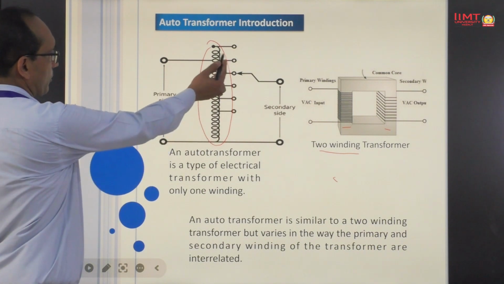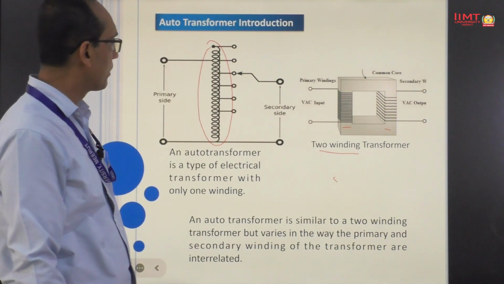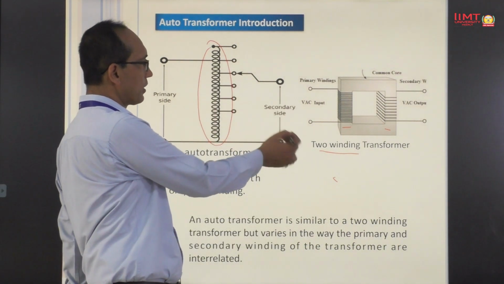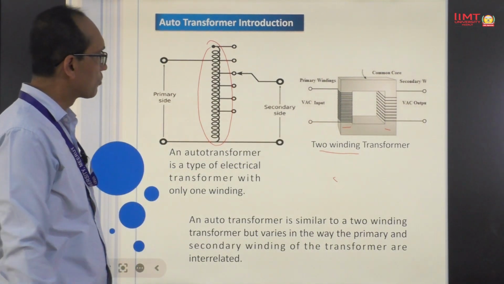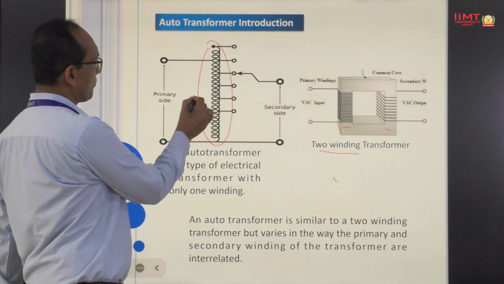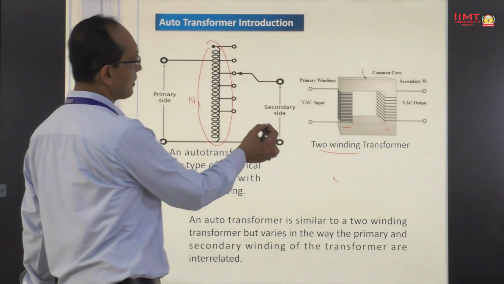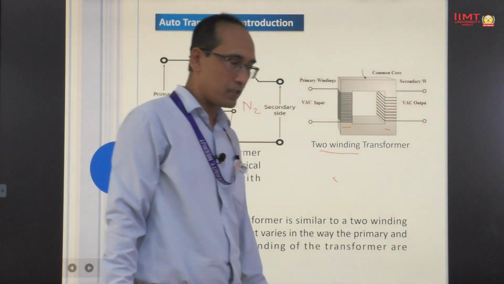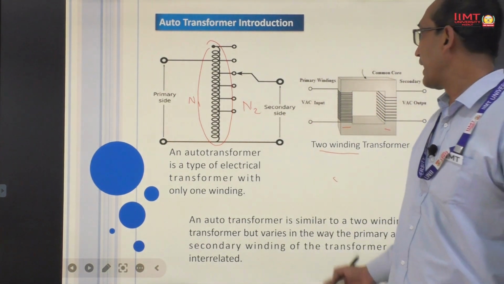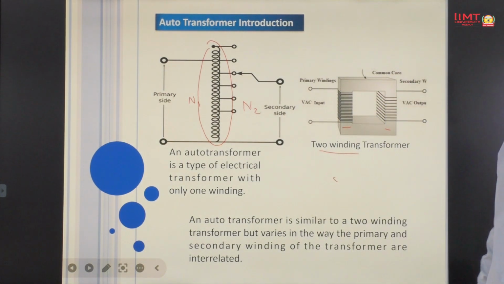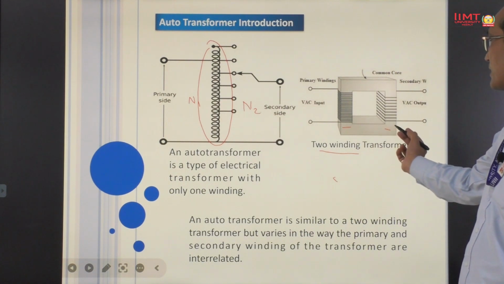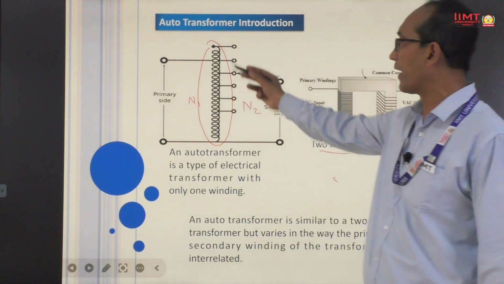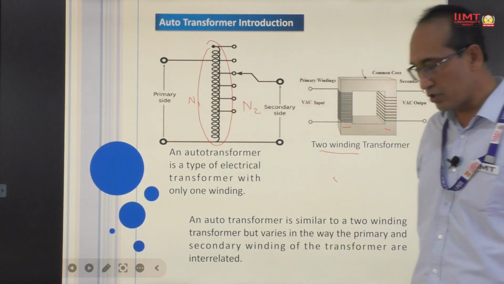Where we are applying the supply, this is known as the primary side, and after taking a tap, when we apply a load here, this is known as the secondary winding. So we can say this is the primary winding part N1 and this is the secondary winding part N2. So first of all, this is very clear that a two winding transformer has two different windings, one is this and second is this, but a single phase auto transformer has only a single winding among these two.